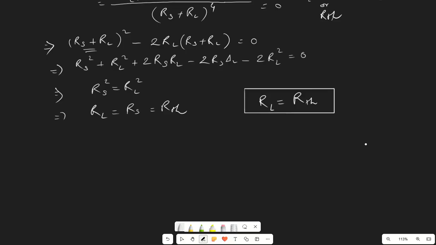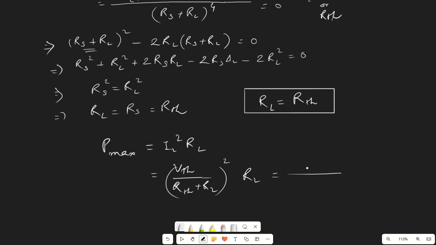Now if we want to determine the maximum power, P max equals IL square RL. IL is nothing but, from the Thevenin circuit, VTH divided by RTH plus RL, whole square, into RL.